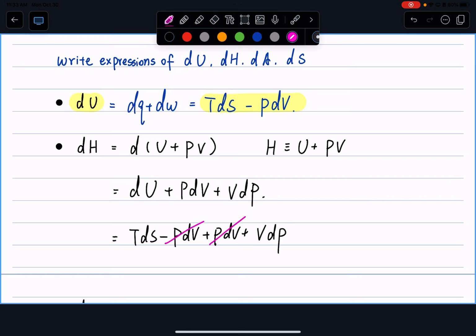These two PdV terms cancel out, and we have dH equals TdS plus VdP.